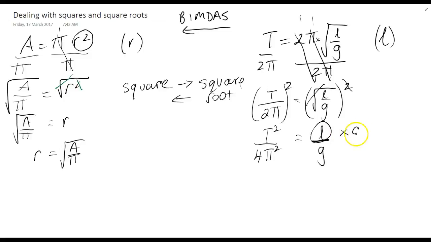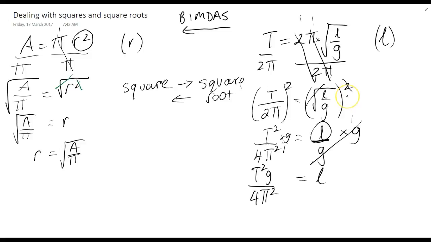Multiply. Well done. So I'm going to multiply by g. Whatever you do to one side, you do to the other. g divided by g is 1. So now I've got L equals. Now this g is in the top, so I'm just going to leave it in the top because it's really like g over 1. So it'll be T squared g all over 4 pi squared.